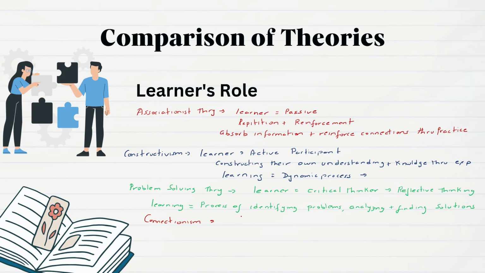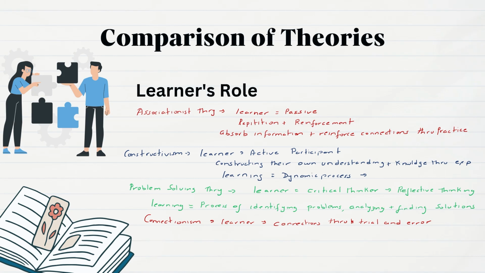So here we see that the learner plays a role in forming connection between the stimuli and the responses through trial and error. And learning is a process of gradually strengthening the correct responses through reinforcement and repetition.